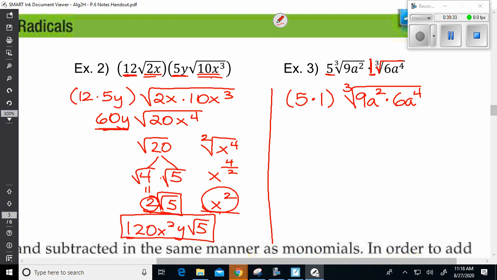Again, the key thing for some of you will be doing it part by part. Some of you can do it in your head, great. Some of you are going to need to write it. 5 times 1, 5. If you multiply everything inside, that's 54a to the 6.